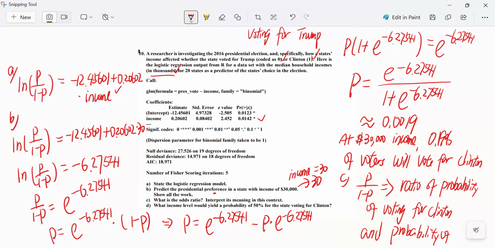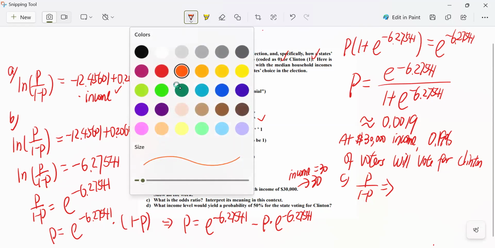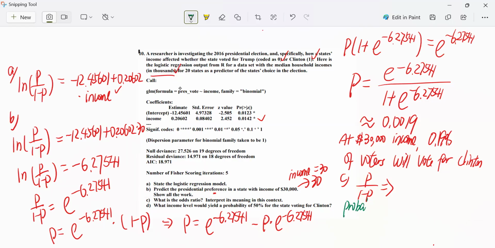I think that's probably simpler in the real context.